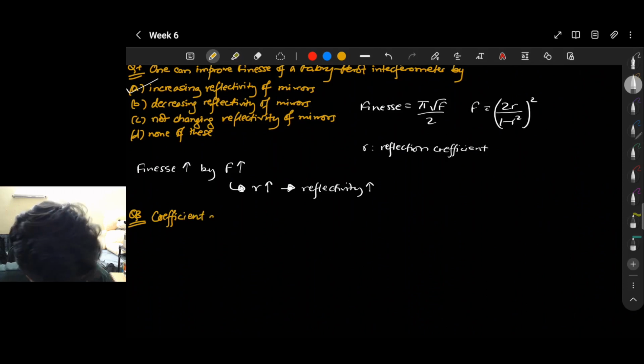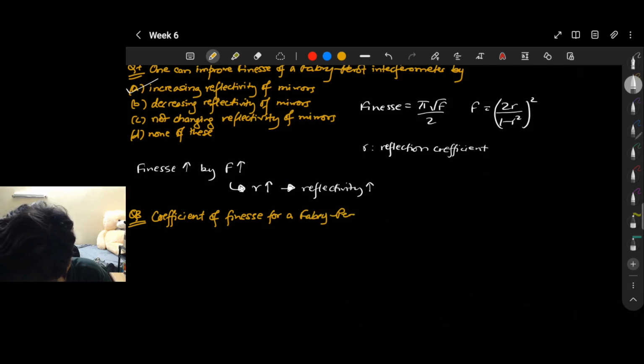Coefficient of finesse for a Fabry-Pérot interferometer is 100.